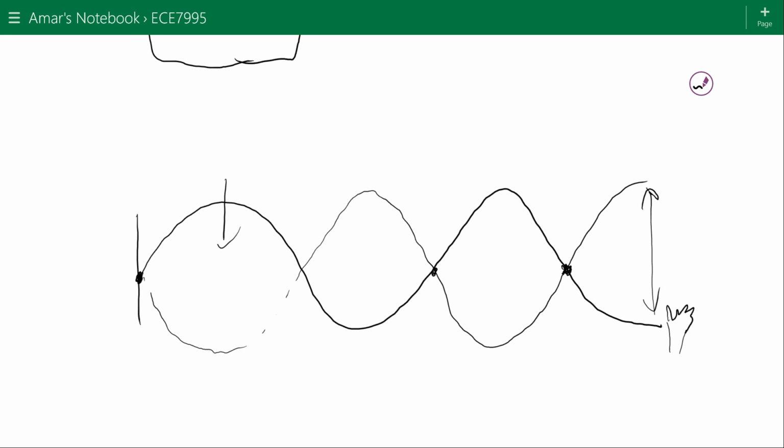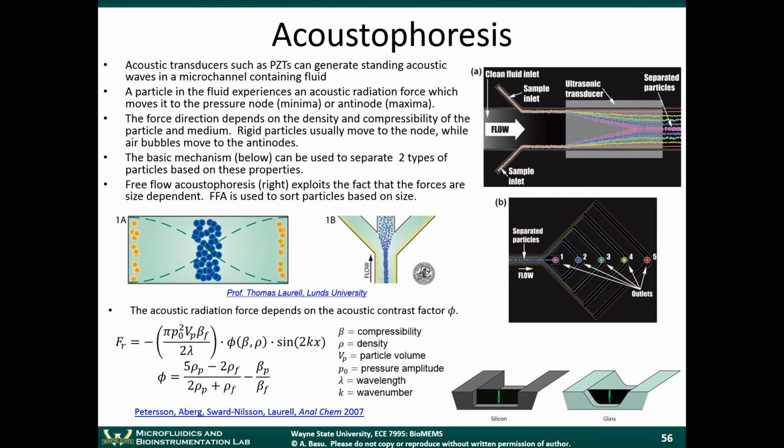These points here actually don't move, while these four points are moving a lot. So this is an example of a standing wave. The places where they're not moving are called nodes, and the places where they're moving a lot are called antinodes.